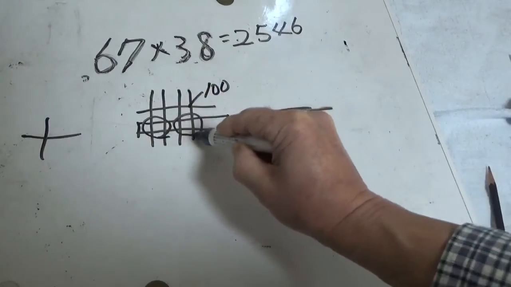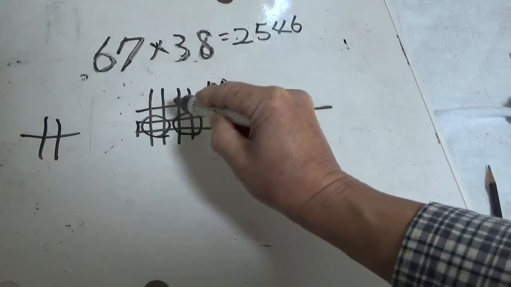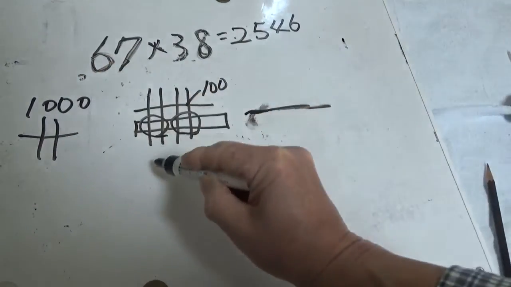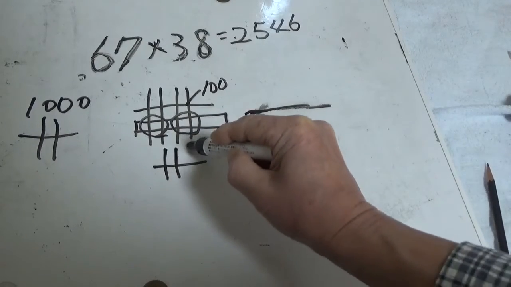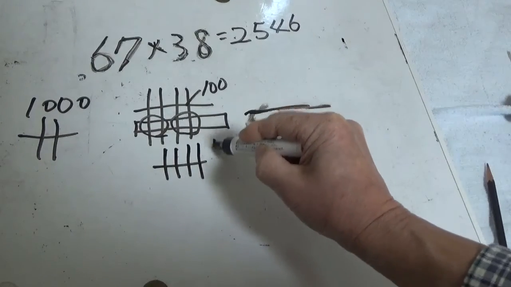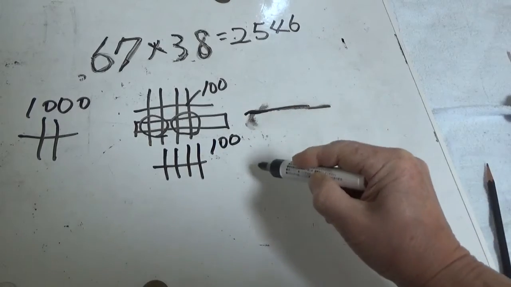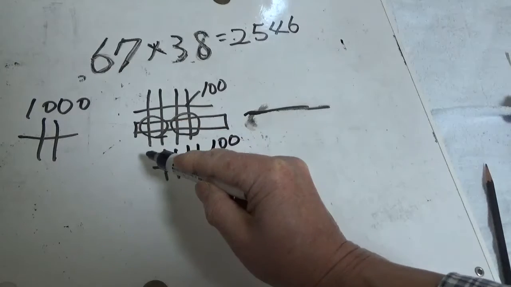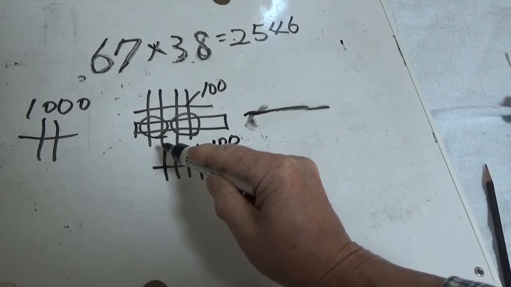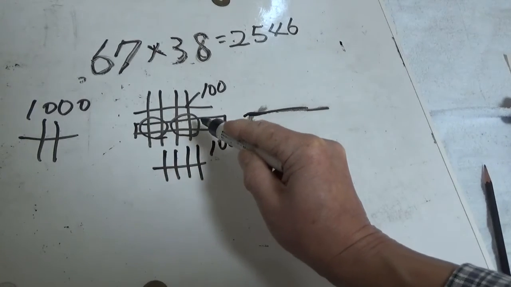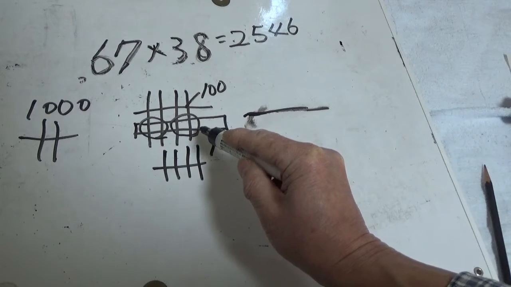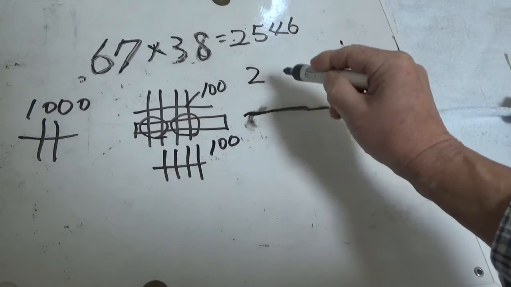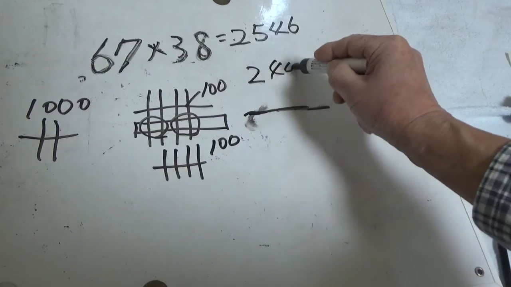This is also another 1000. 1, 2, 3, 4. 400. So, rough estimation, 60 multiplied by 40 is 2400.